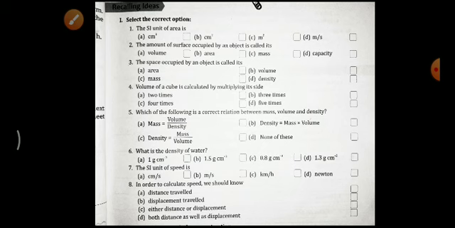And speed is a scalar quantity, but velocity is a vector quantity. In the case of a vector quantity, both magnitude as well as direction are present, but in the case of speed only the magnitude is present. So here, in order to calculate speed we should know distance traveled divided by time taken only. So the answer will be option A.